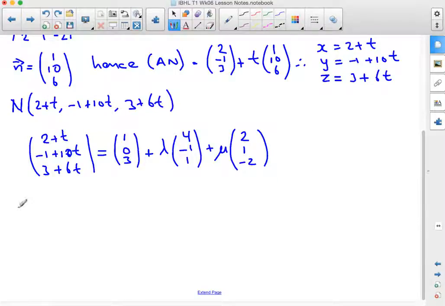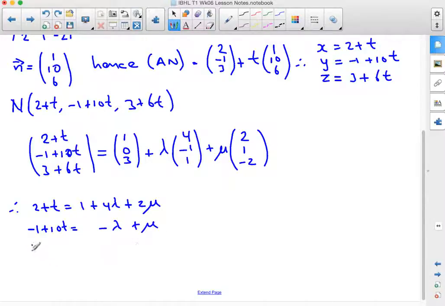So basically what happens is 2 plus t equals 1 plus 4 lambda plus 2 mu. Negative 1 plus 10t equals 0, take lambda plus mu. And 3 plus 6t is 3 plus lambda take 2 mu.